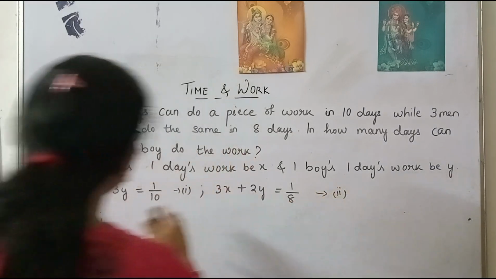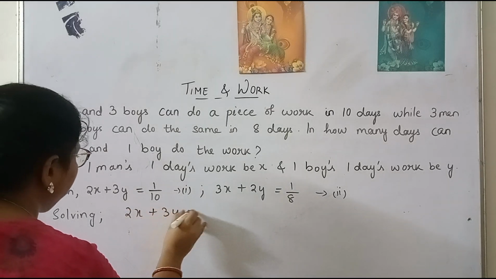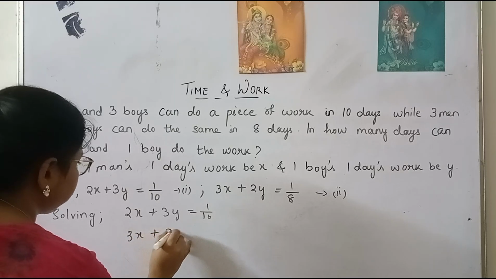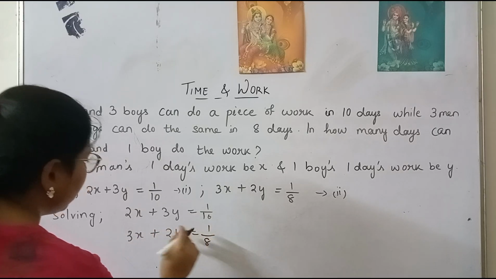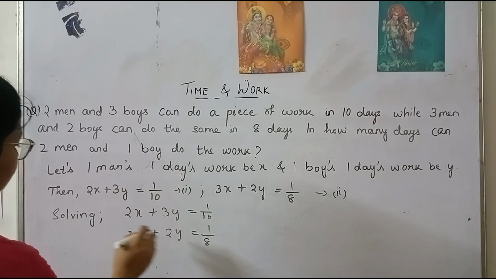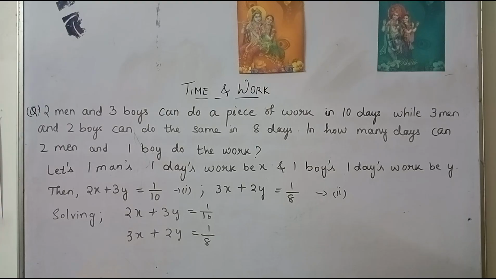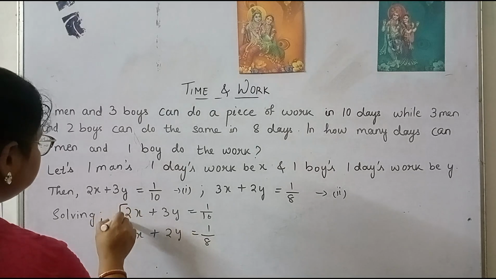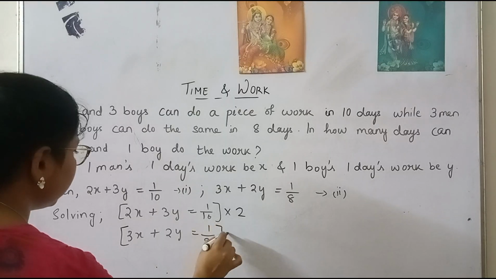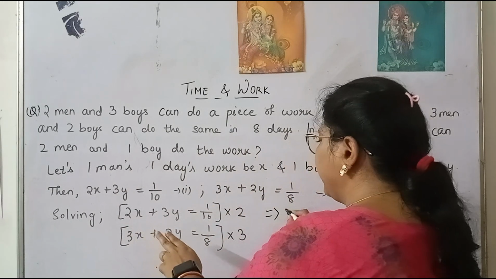How can we solve these two? If I want to cancel y's value, I have to make it similar in both the cases, so that when we subtract, it gets cancelled. So how much can I multiply? I can multiply here 2 and here 3.